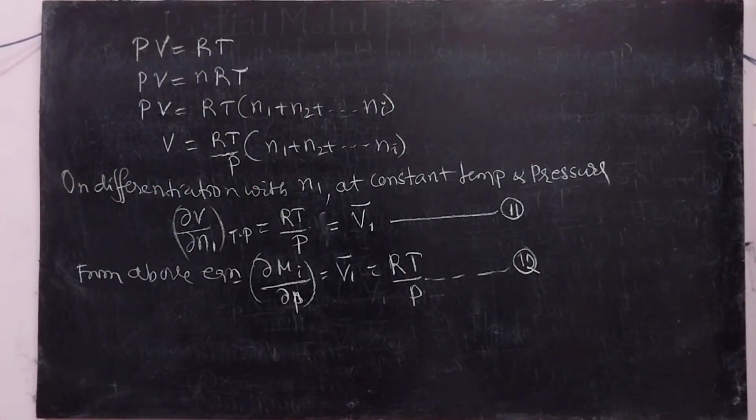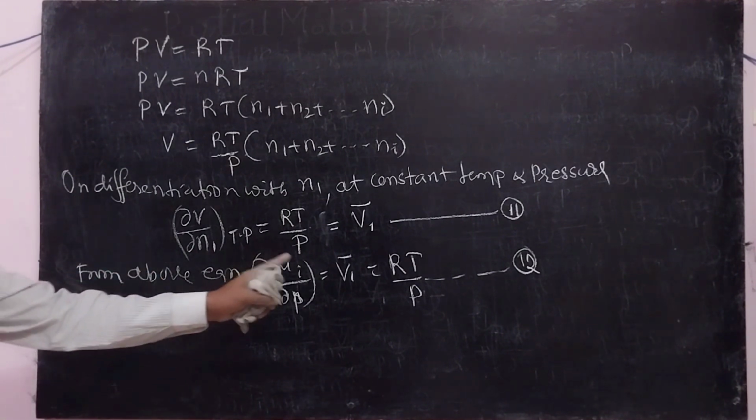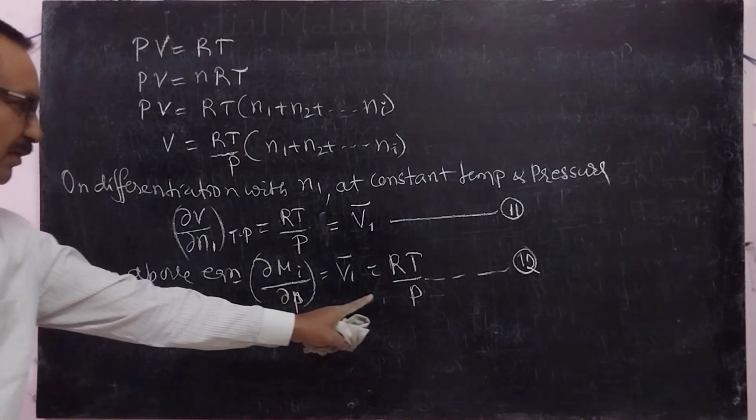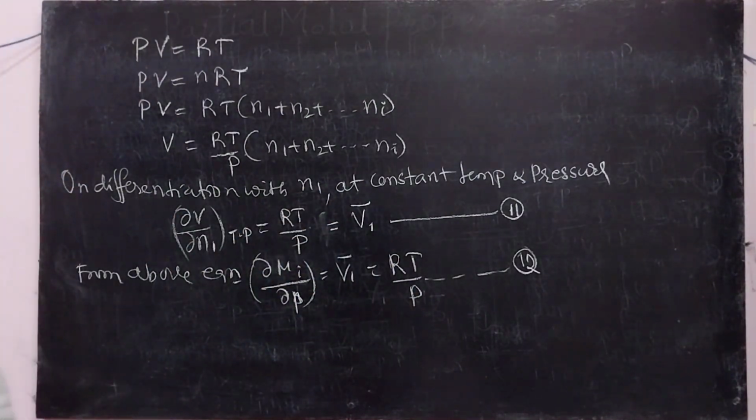Next, variation of chemical potential with pressure is nothing but the partial molar volume, which is equal to RT divided by P.